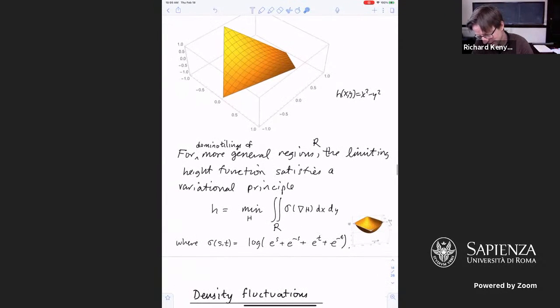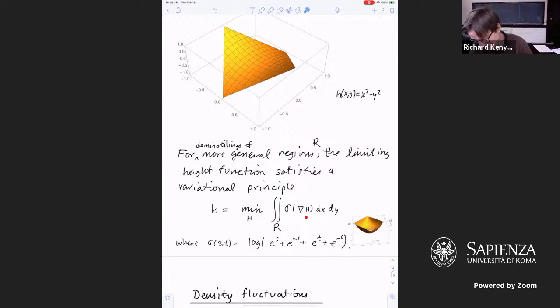That's the surface tension. And of course, the theorem, which goes back to Kohn and Propp and myself, originally for the Dimer model, is that the typical surface you will see if you take a large random tiling is one which minimizes the total surface tension.